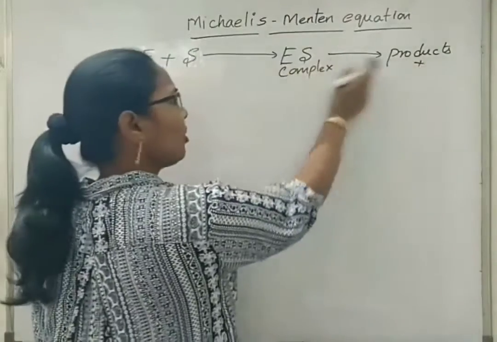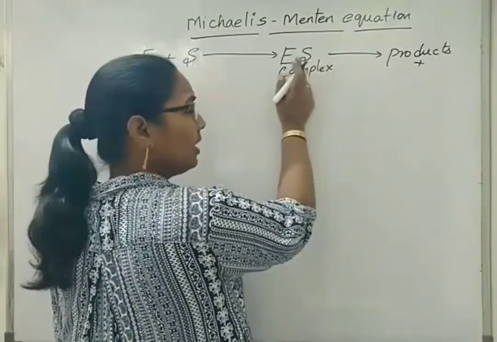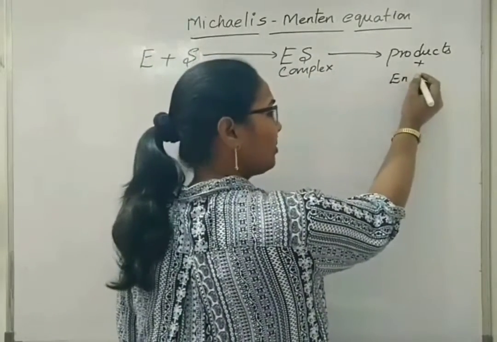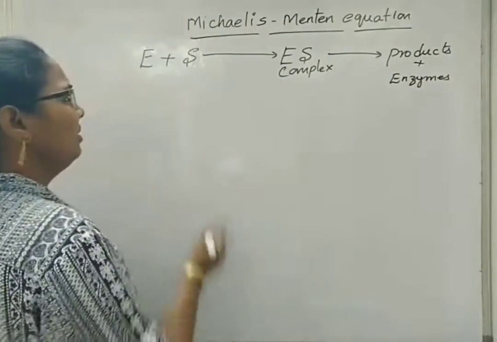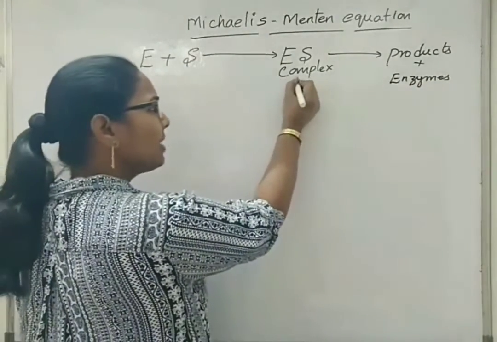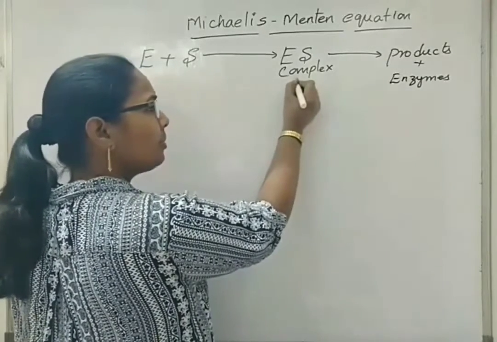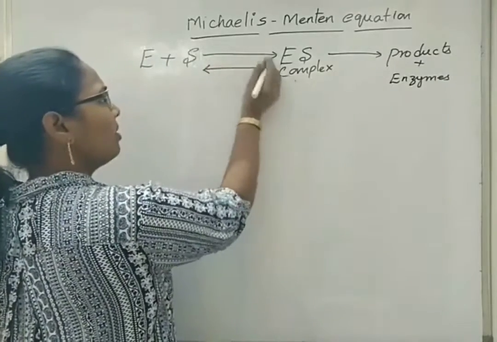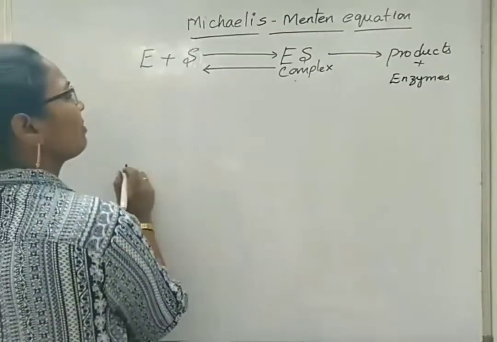When products are formed, all the active sites are relieved from the substrate molecules, so enzymes with free active sites are separated. This enzyme substrate complex has a nature to dissociate back into enzyme and substrate, so it is represented with a reversible arrow mark.